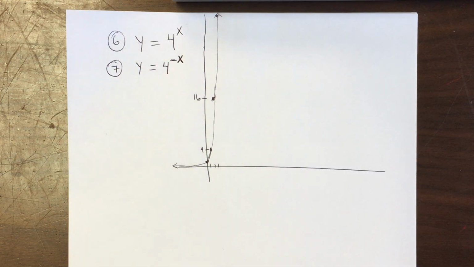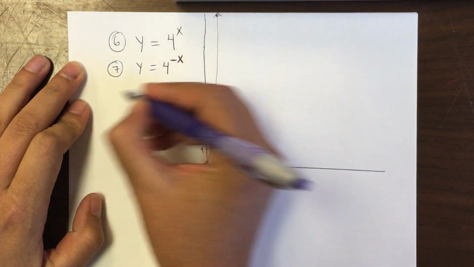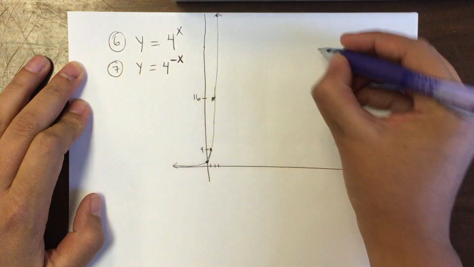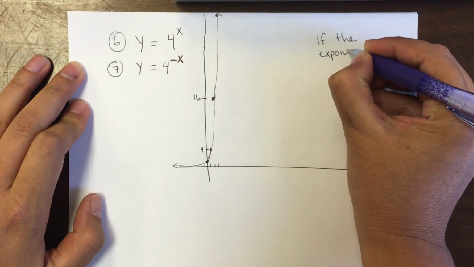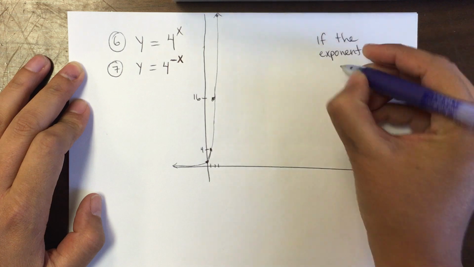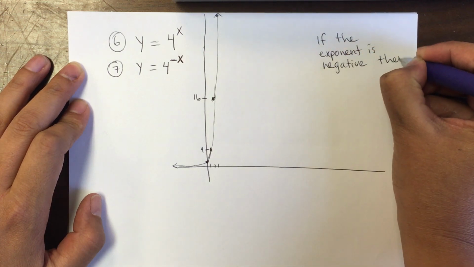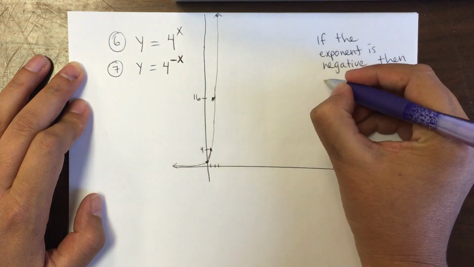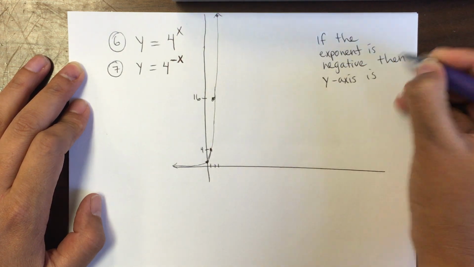Okay, in here, if the exponent is negative, then the y-axis is the mirror.